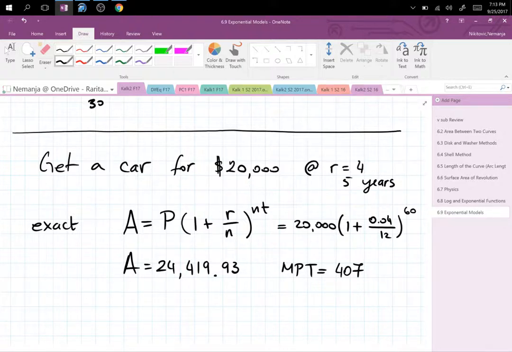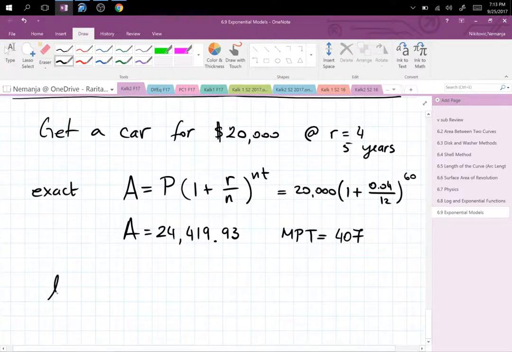So guys, this is the calculation. It's not exact, obviously, because I ignored the tax and everything else. But what we learned earlier is that the limit as n goes to infinity of 1 plus 1 over n to the n is equal to e.